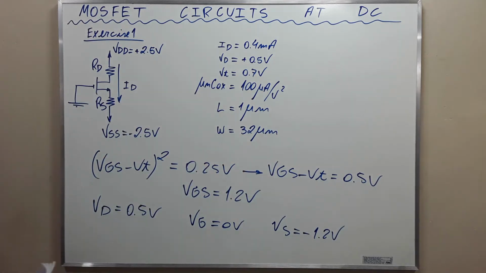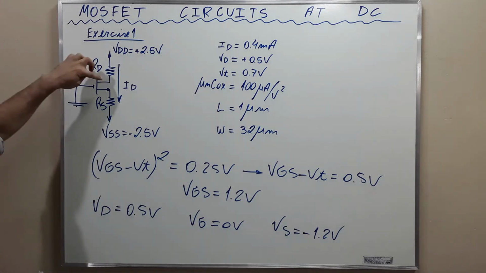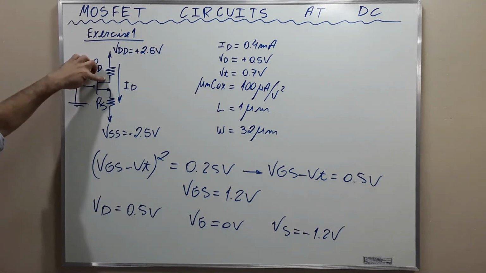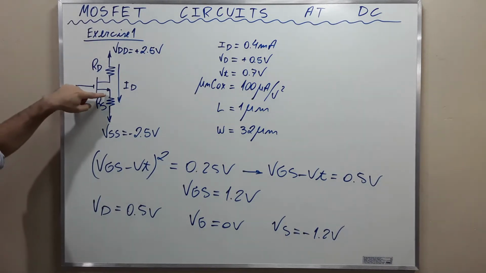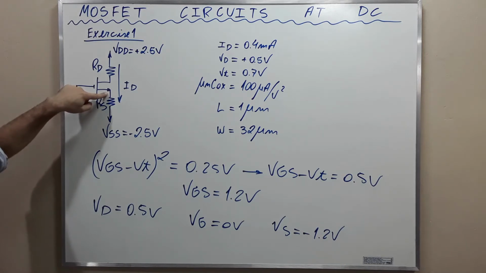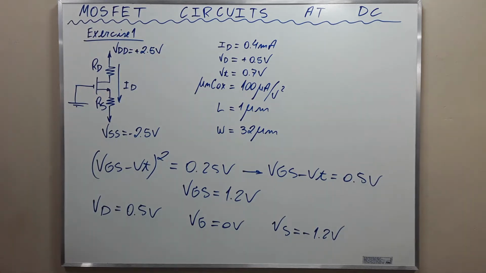So these are the values of the voltages. VD is here, 0.5 volts, VG is here, 0 volts, and VS is here, negative 1.2 volts.